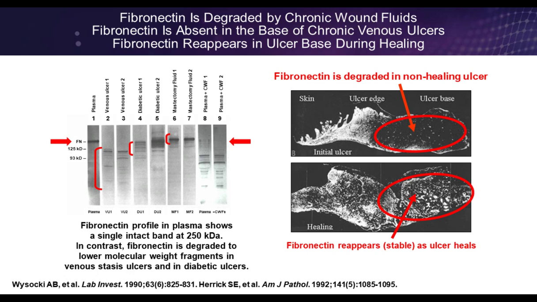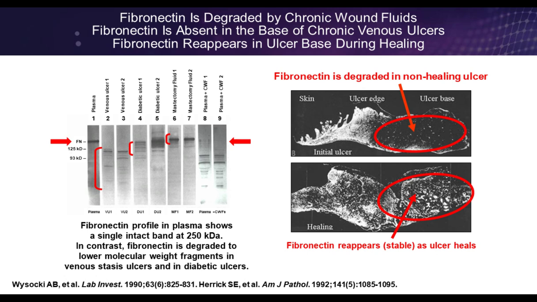And as you can see in the leftmost panel, if we do a polyacrylamide gel that characterizes the size of intact fibronectin, you can see it's this very large band on the gel. In contrast, if we look at fibronectin in venous leg ulcer patients or in diabetic ulcer patients, you can see that almost all of the fibronectin has been degraded to very small molecular weight bands.